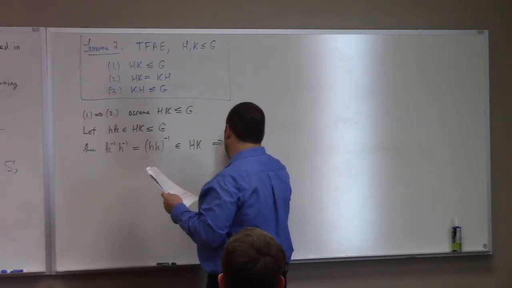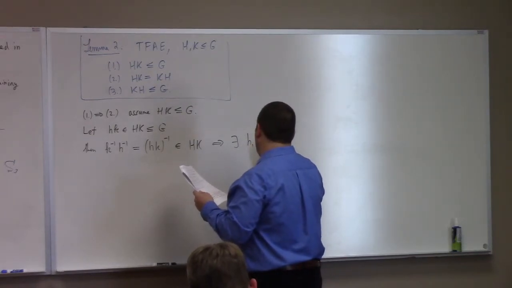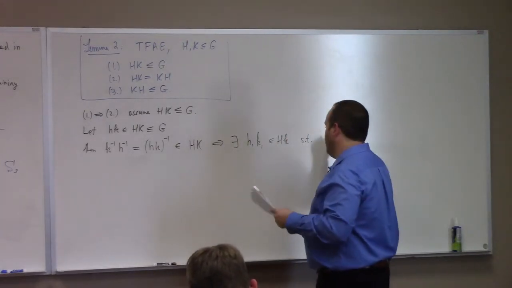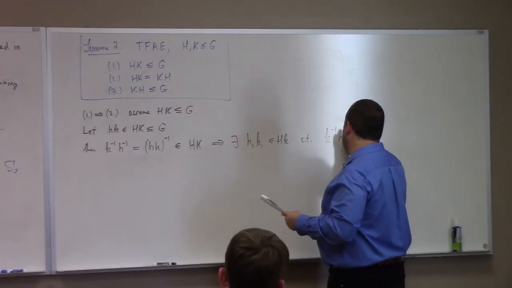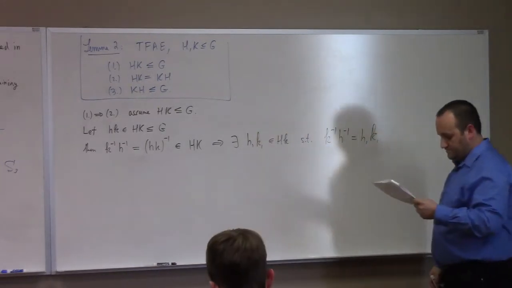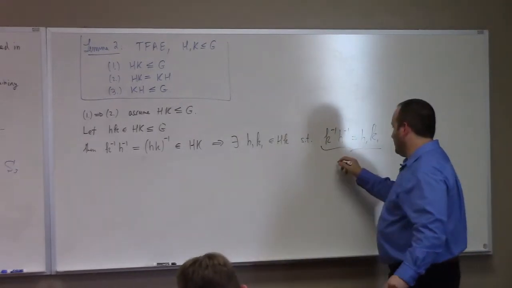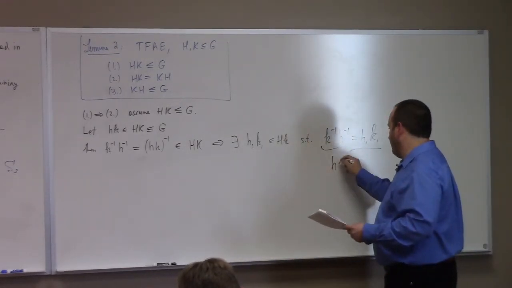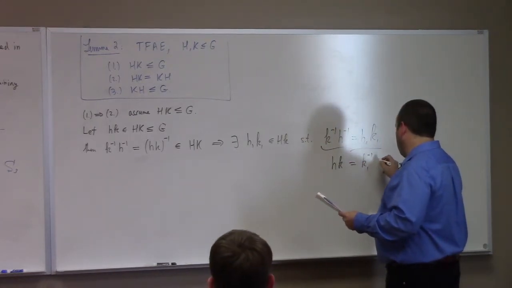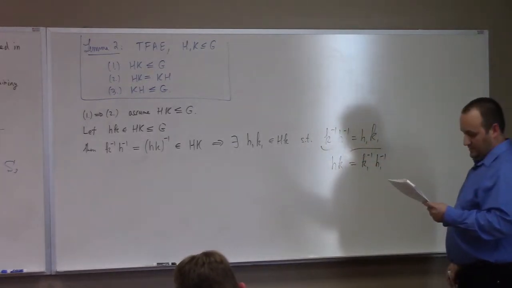Which implies that there exist h1, k1 in HK such that k inverse h inverse is equal to h1 k1. And then you can invert this. This gives me that hk is equal to k1 inverse h1 inverse, right?